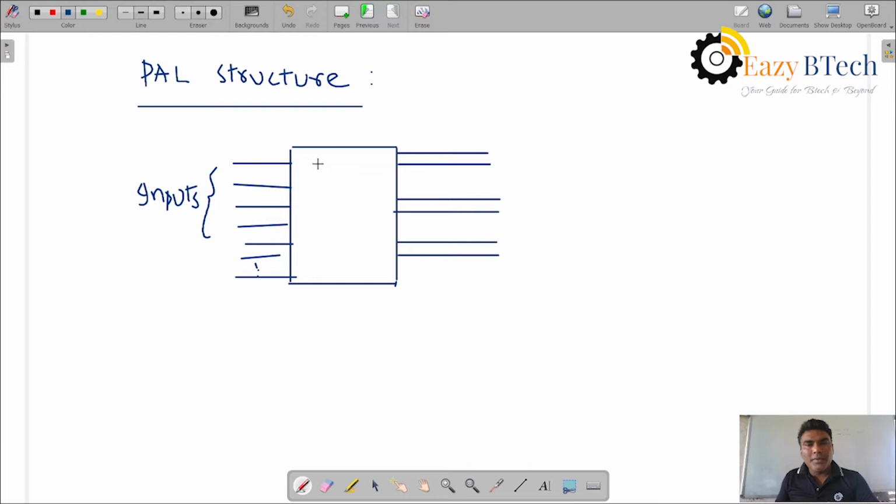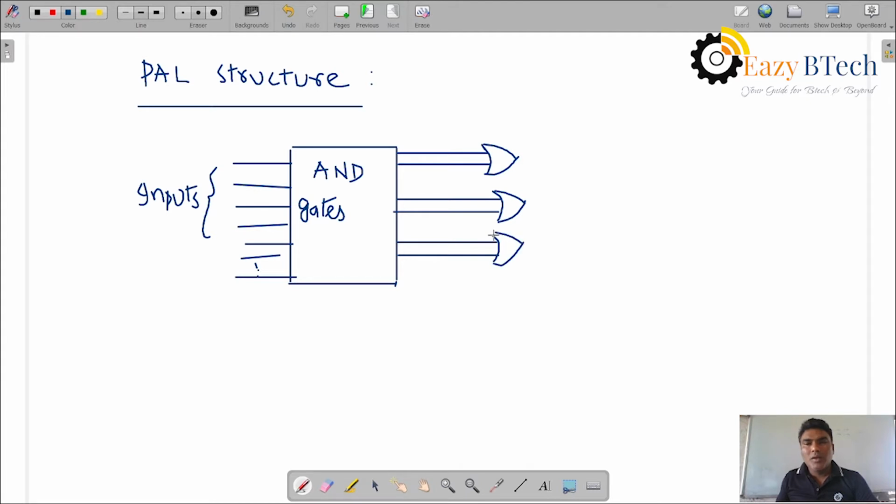We connect the external OR gates. This is an external OR gate or fixed OR gate.